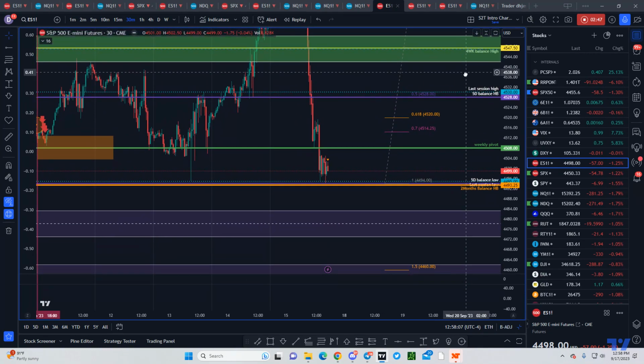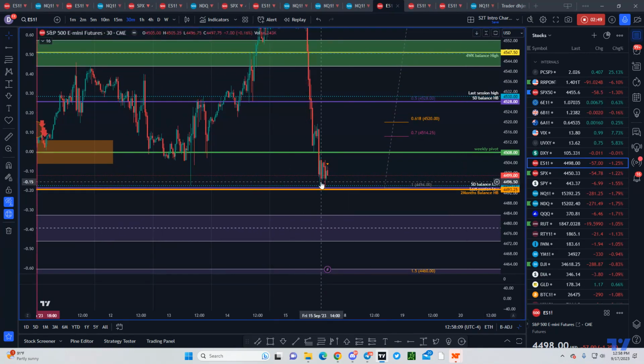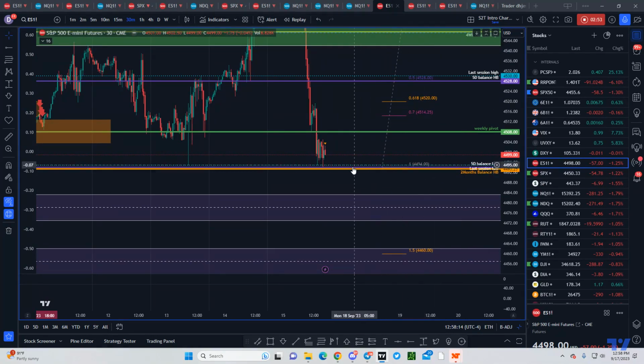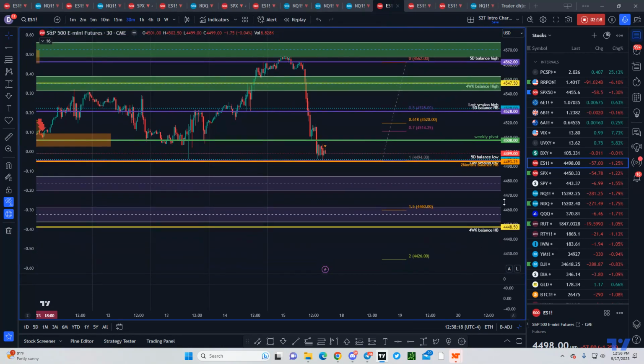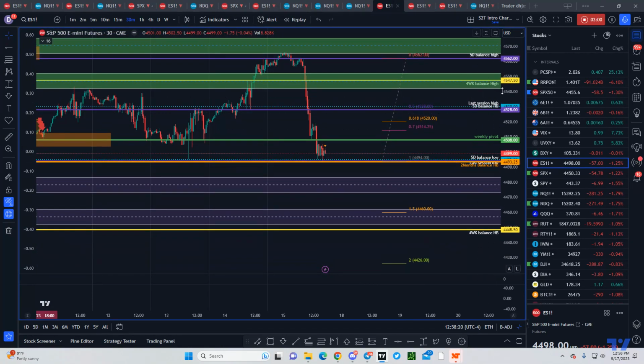So one time framing up, and if this is last week's low, which is the 5 day balance low, if we were to trade below that, we're automatically going to be on a weekly balance, but we won't know what the balance zone is going to look like until the end of the week.